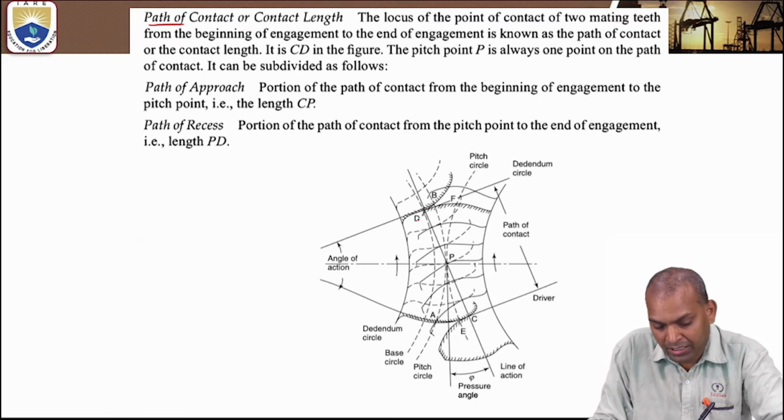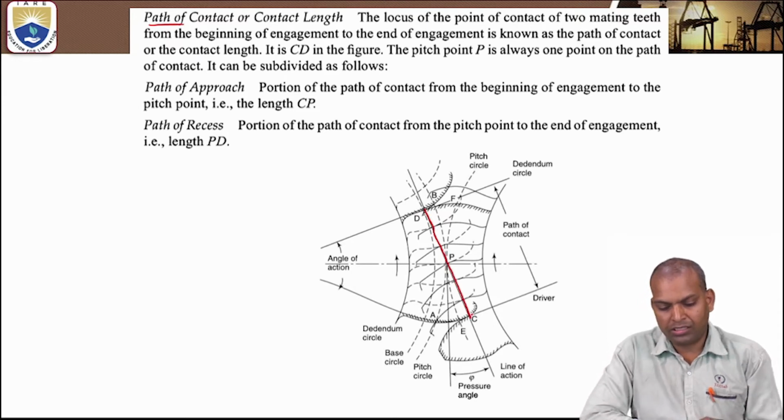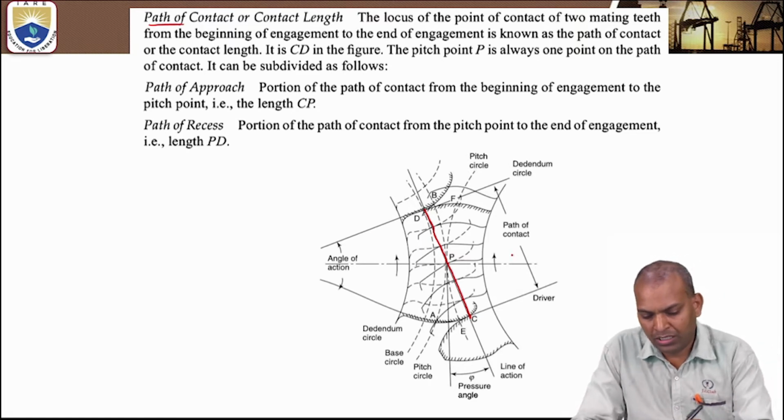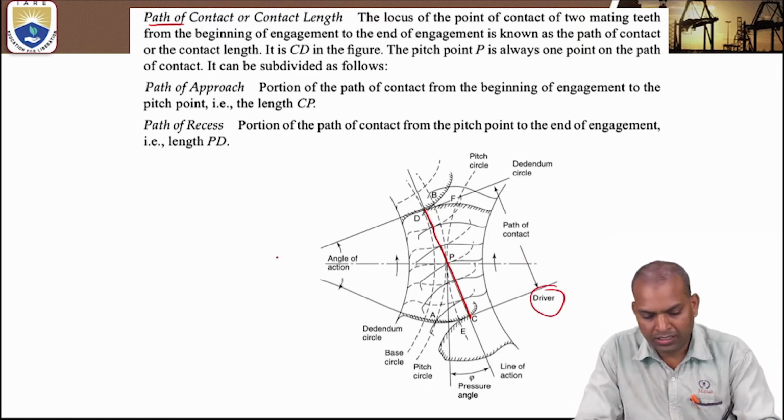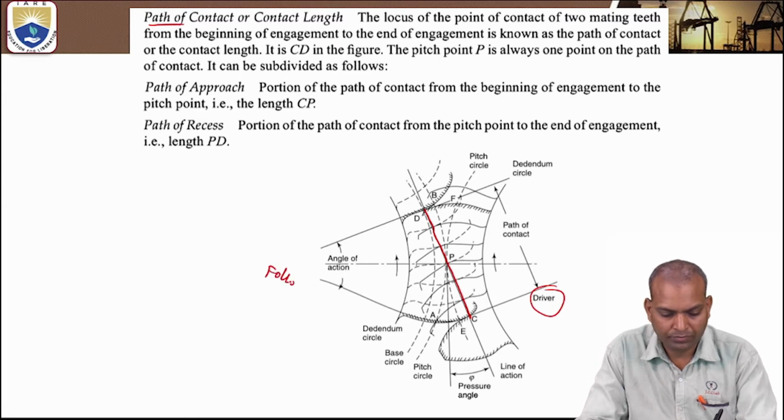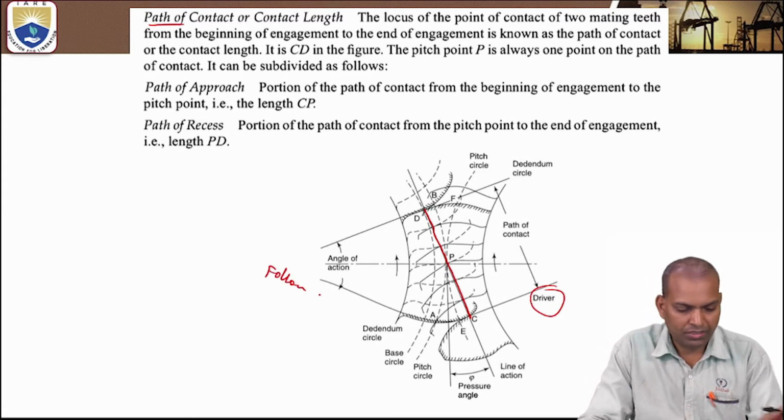In this figure we can see the path of contact, that is the total, is CD. This is the driver and this is the follower.